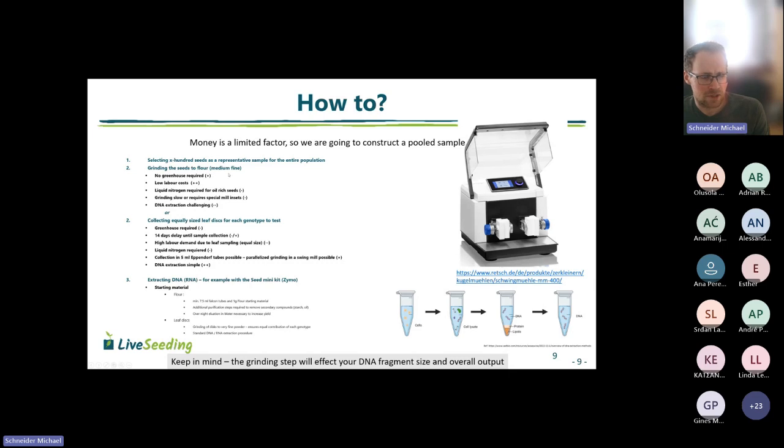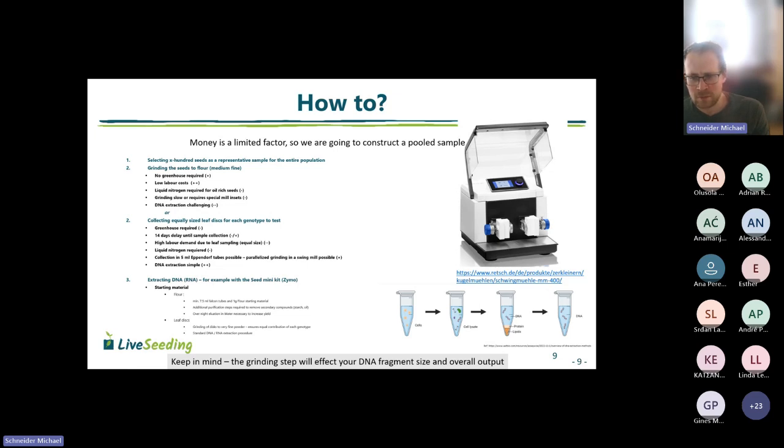With the seed, we usually have equally sized seeds in this population. So by nature, the amount of DNA is very similar in all the genotypes, so we don't have this issue. The actual extraction step is rather straightforward, I would say.